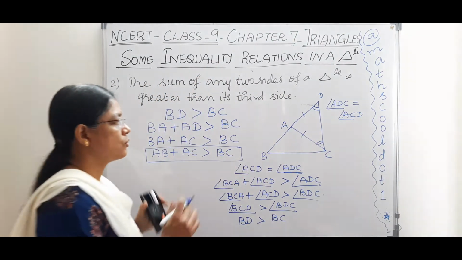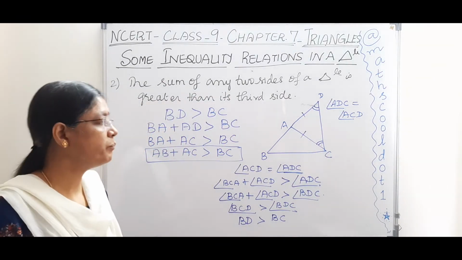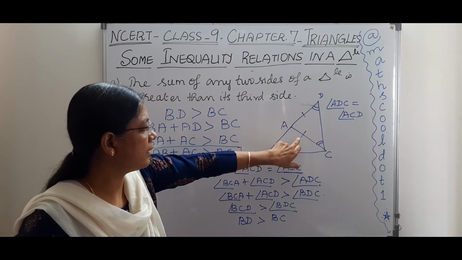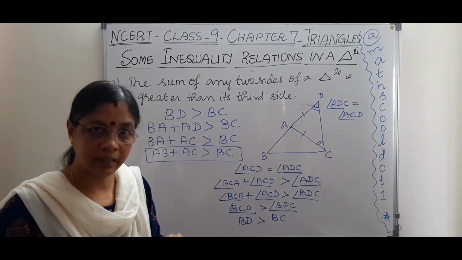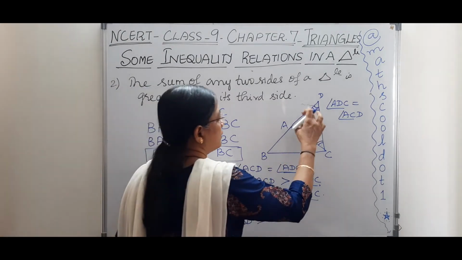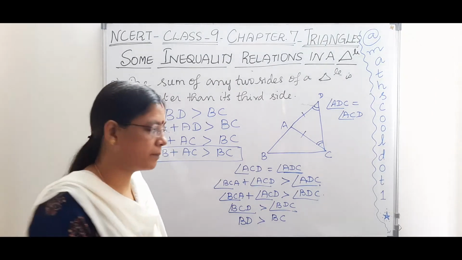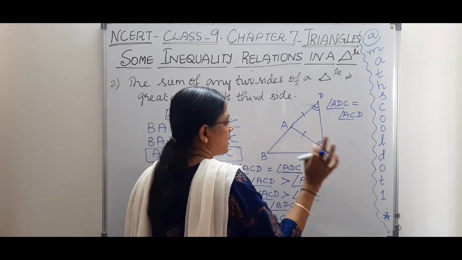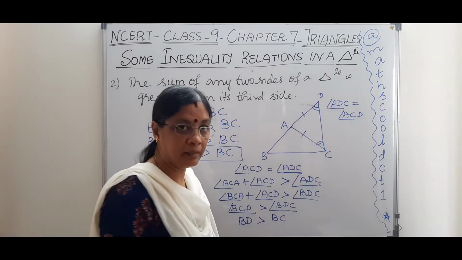Do you understand? So what we have done is extend BA to a point D such that AC is equal to AD, and then we have joined DC. Then we know that for equal sides, the angles opposite to them are equal. So these two angles are equal. If I add this angle to this, it becomes greater than this angle.